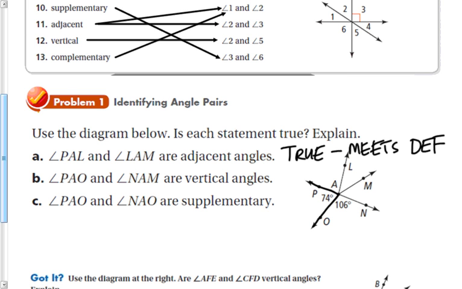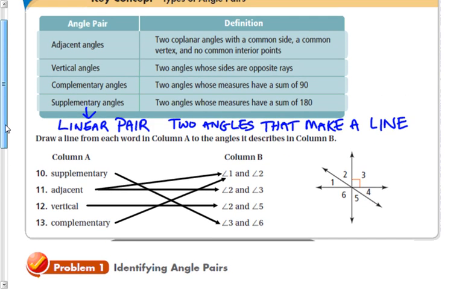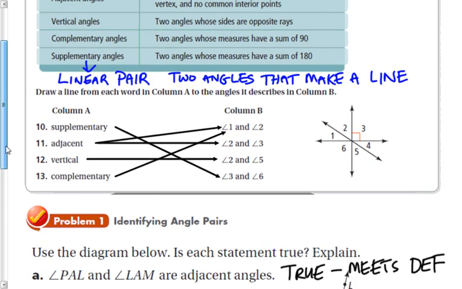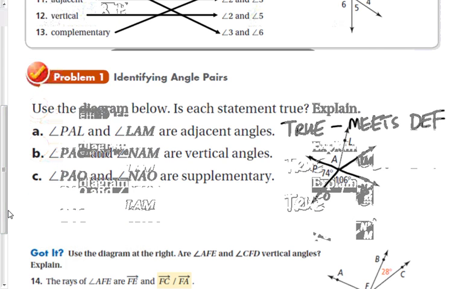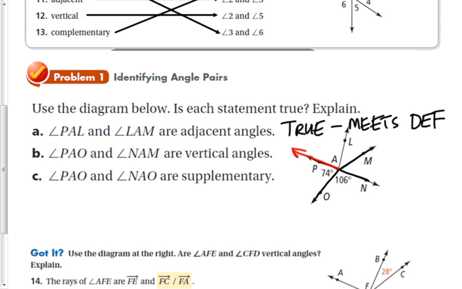Okay. All right, next one we're going to look at is PAO, that's that one, and NAM, that one. Are those vertical angles? To be vertical angles, we need two angles whose sides are opposite rays. So let's take a closer look at this. This is a ray here, and this is the opposite ray here. That one works.